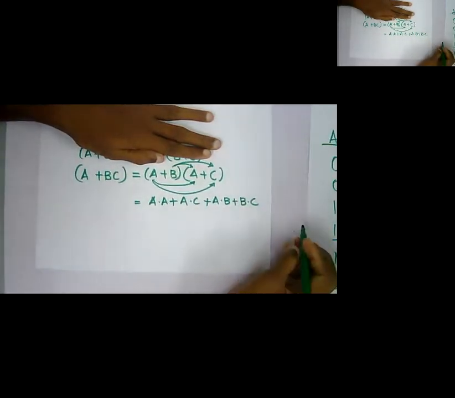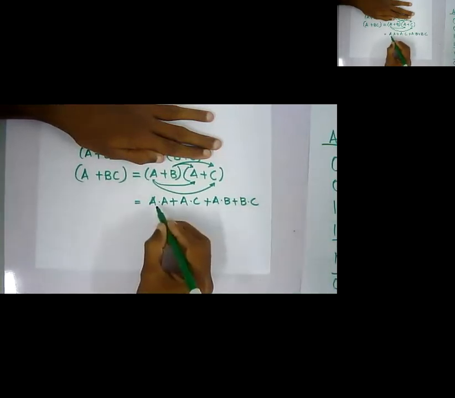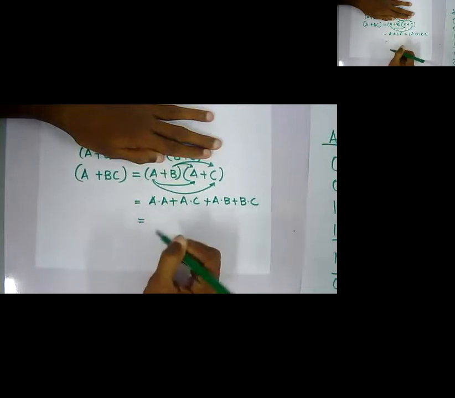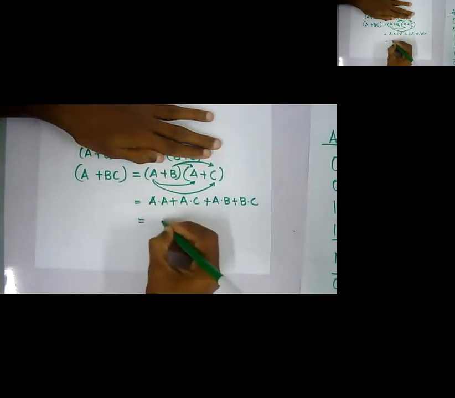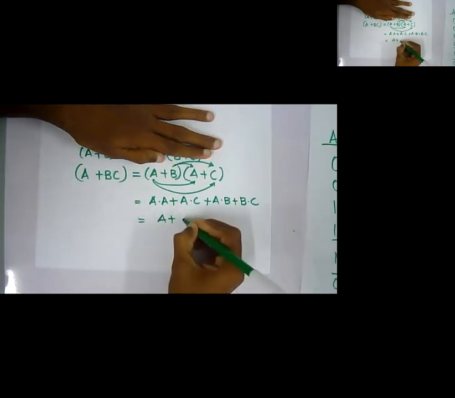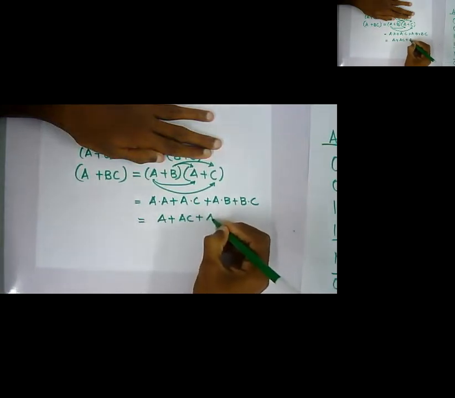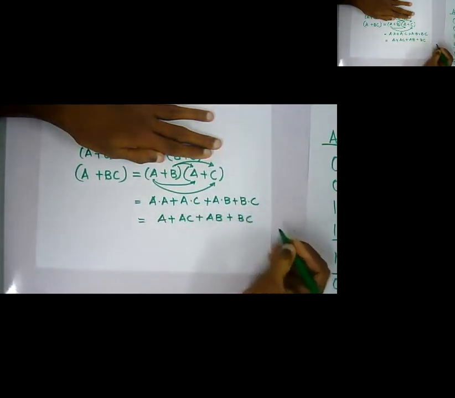Am I right? Clear. So I can say that a dot a, I can write it as a simple a, so this will be a plus AC plus AB plus BC. Am I right?